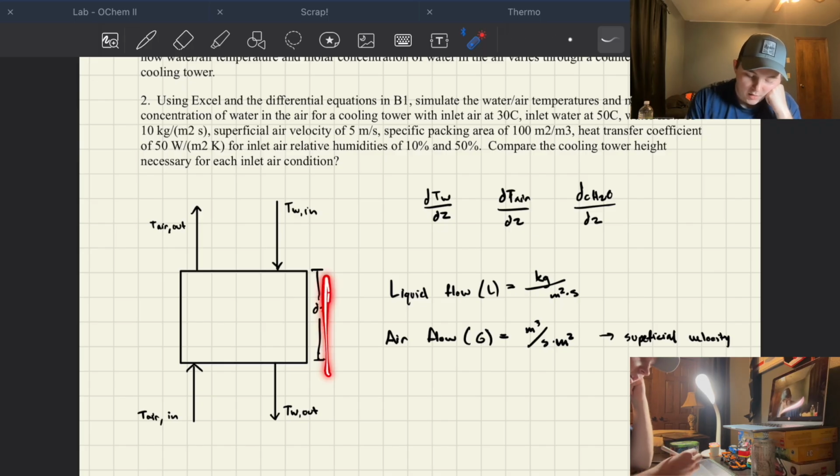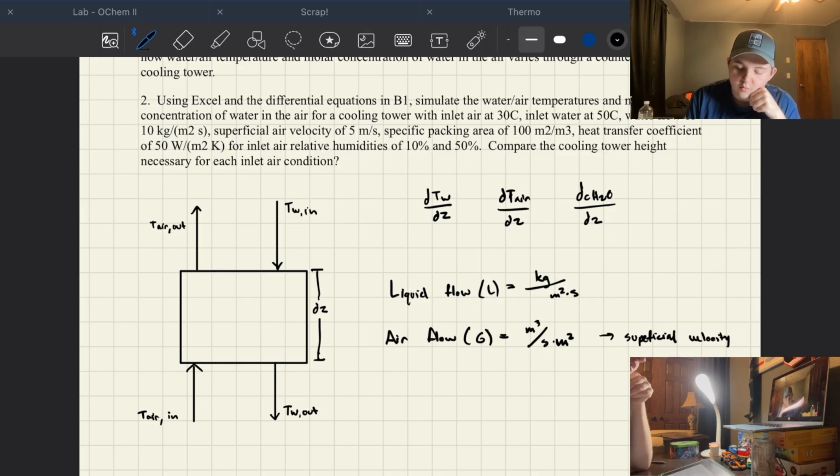On our right here we have dz, and then we have our three things that we're going to have to solve for in our Excel. And then we have our liquid flow, which is going to be defined as L in kilograms per meter squared second, and our airflow, which is G in meters cubed per second times meter squared.